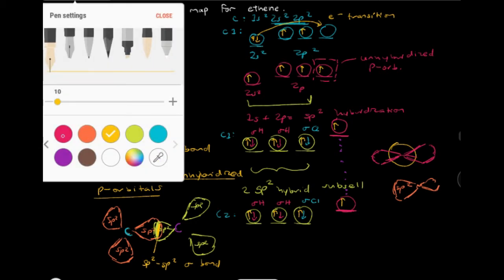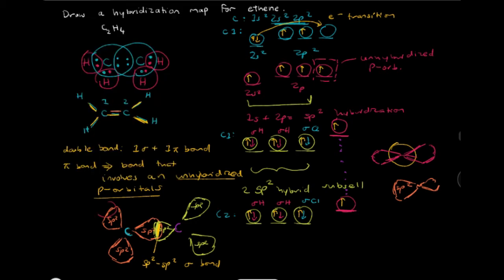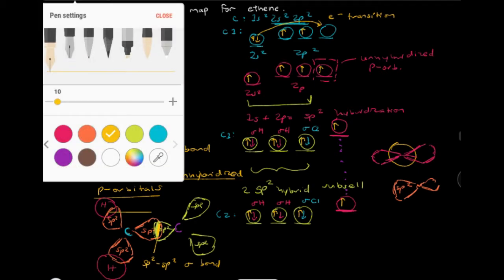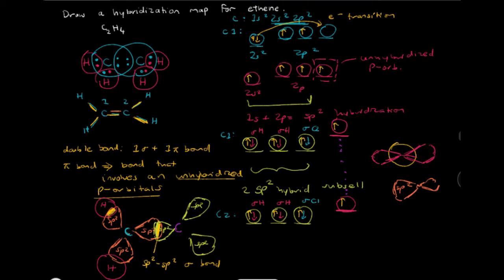You're also going to have a sigma bond with the hydrogens. There's a hydrogen here, there's a hydrogen here. So you have a sigma bond here, and you also have a sigma bond here. This sigma bond here is an s to sp2 sigma bond. This is also an s to sp2 sigma bond.